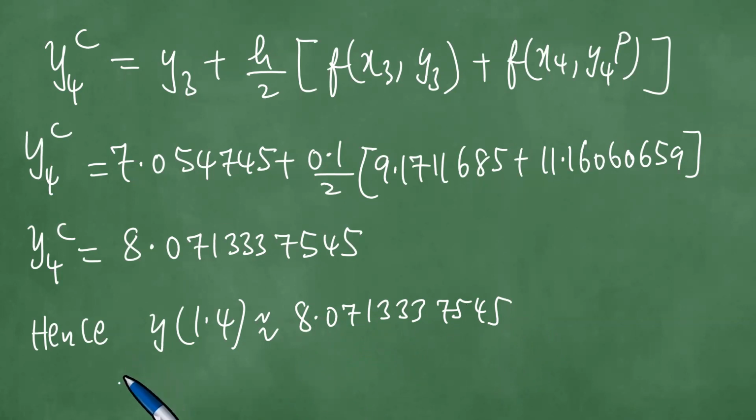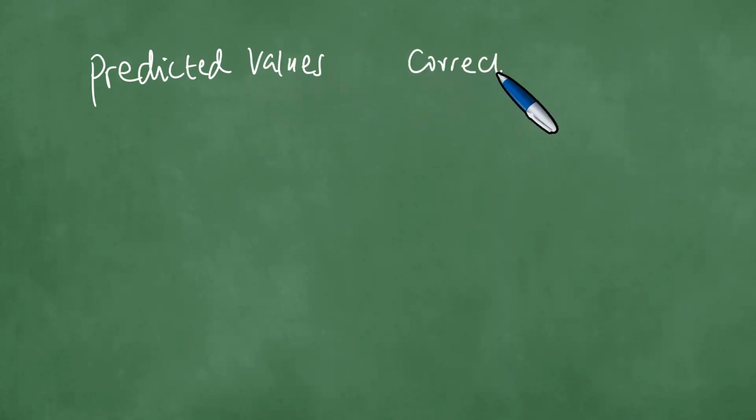But now there's a table that we'll draw. The table has two parts. You have the predicted values, and you also have the corrected values.